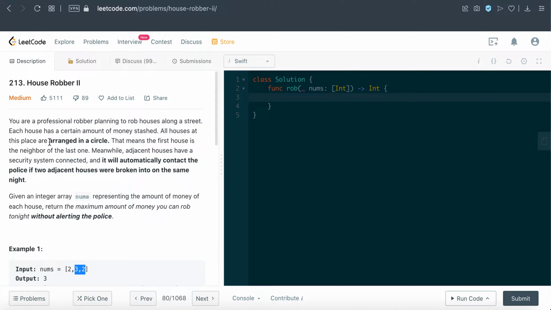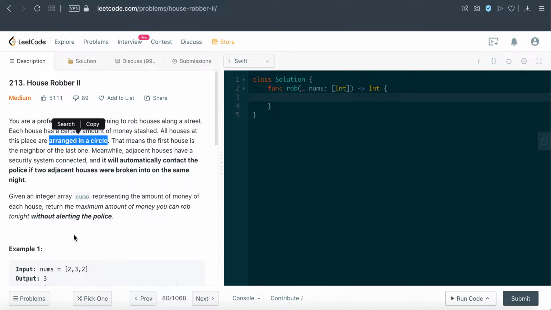As I mentioned, because the houses are arranged in a circle, that is the biggest difference between this question and the first one. It also means that the first house and the last house are connected. So the last index and the first index are connected because they are arranged in a circle.